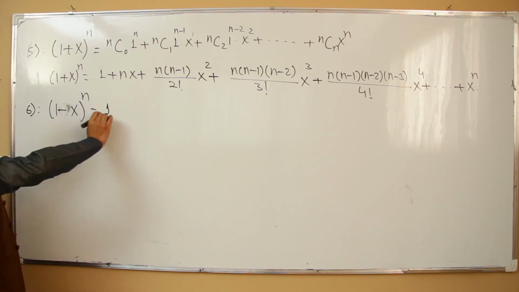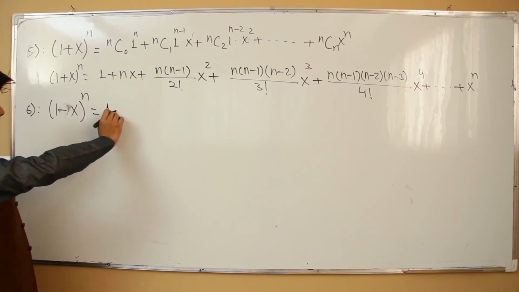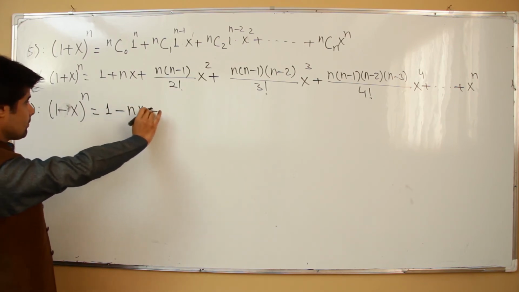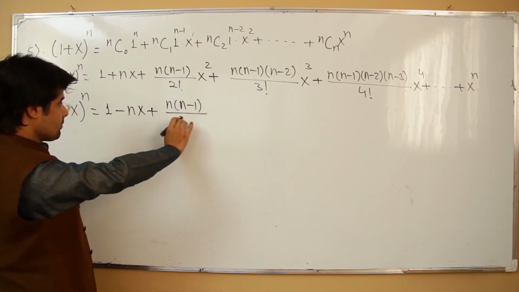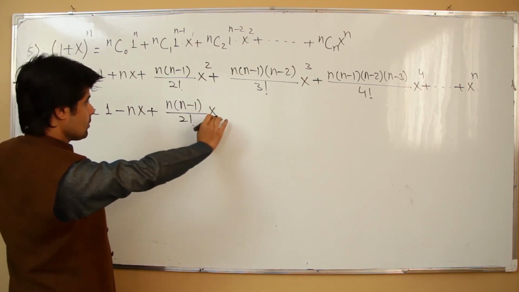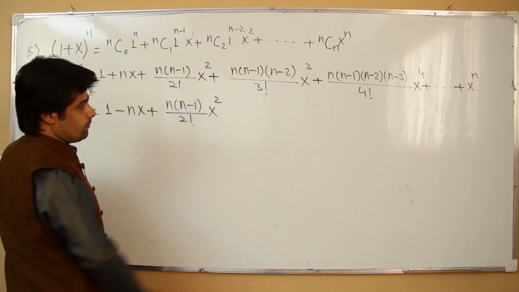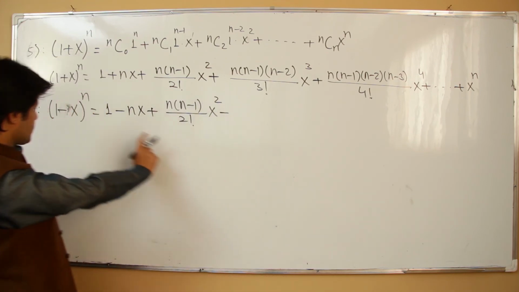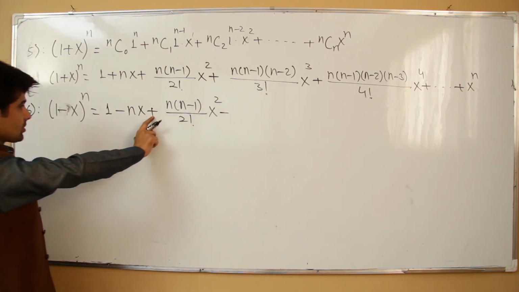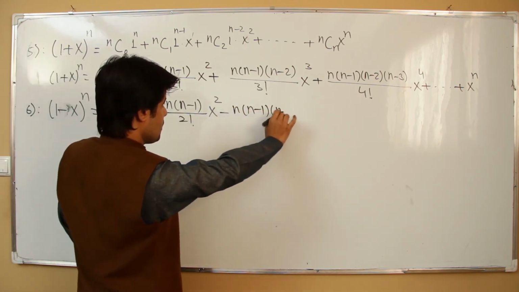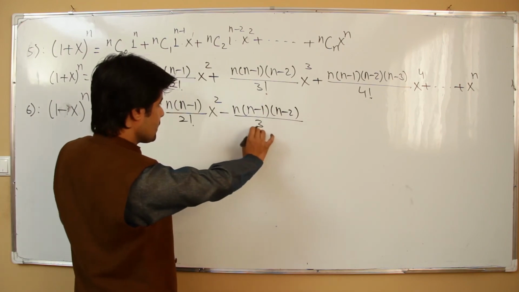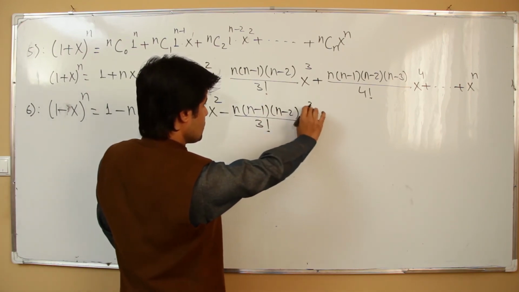the same, it's 1, the next term is negative nx plus (n minus 1) divided by 2 factorial x to the power 2. First we have positive, negative, positive, negative, same, (n minus 1)(n minus 2) divided by 3 factorial x to the power 3.